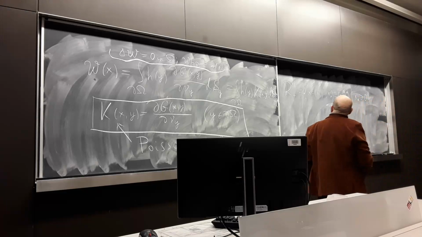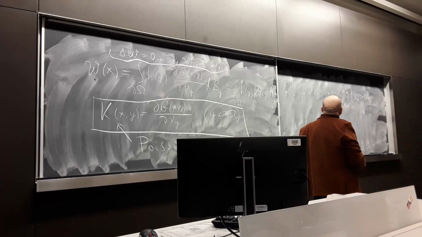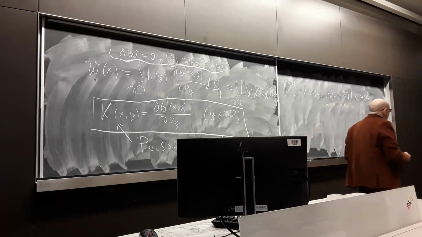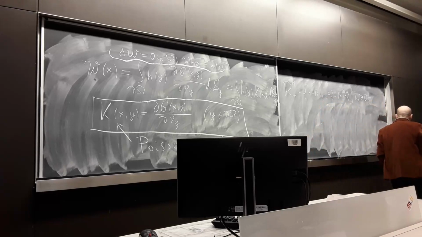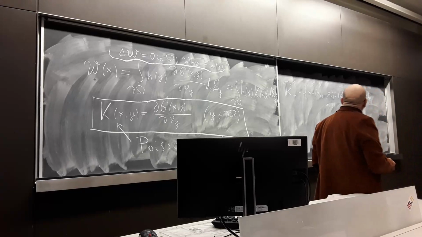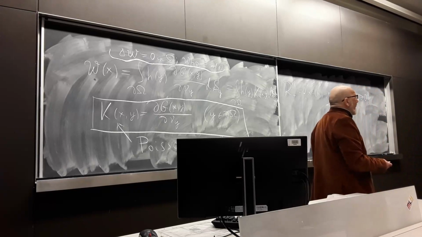For any half space, we have a plane that divides the space into two parts. Then you introduce a coordinate system such that in this coordinate system, the half space is described like this. And then we use the reflection idea.